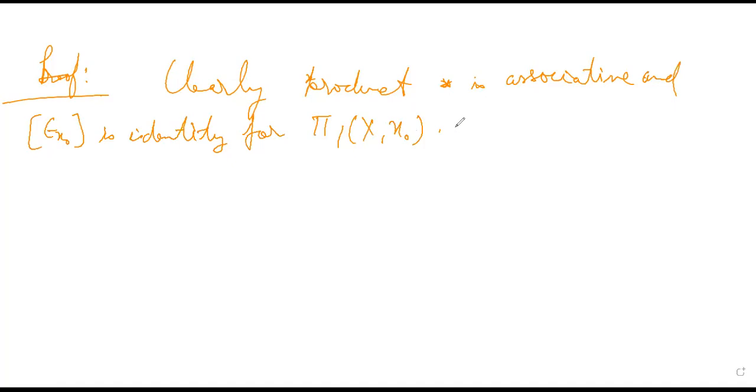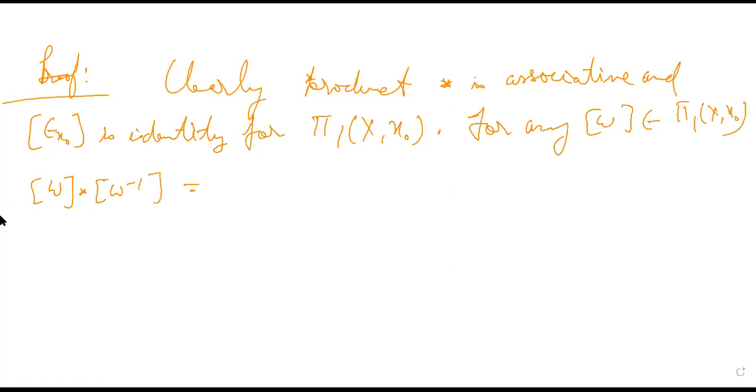Now what else? Inverse, right? For any omega in pi 1 of X at x naught, omega star omega inverse is, as we have already seen, nothing but the constant path at the starting and end point of omega. If omega is this loop, then omega inverse will be this loop, so their starting and end points are the same.